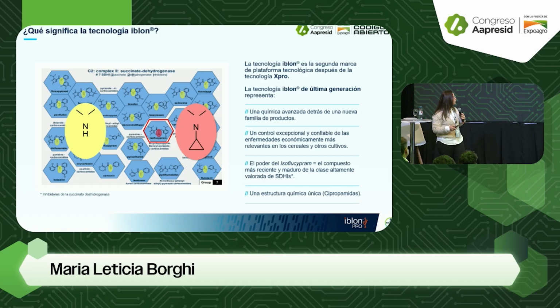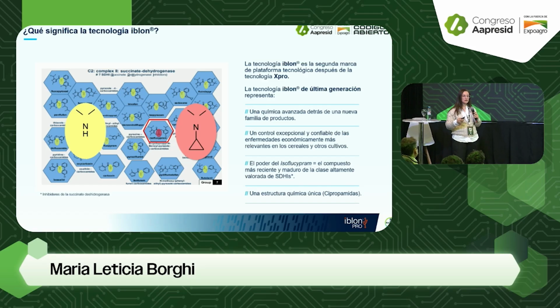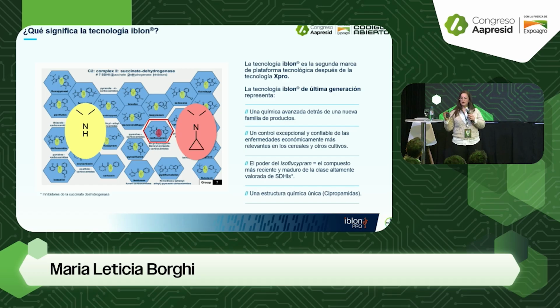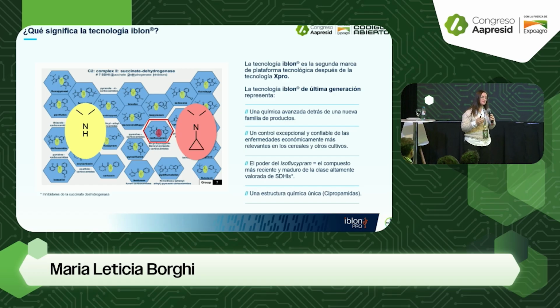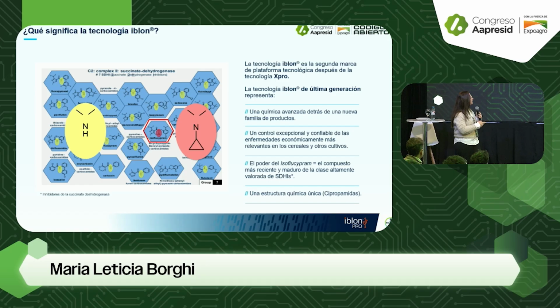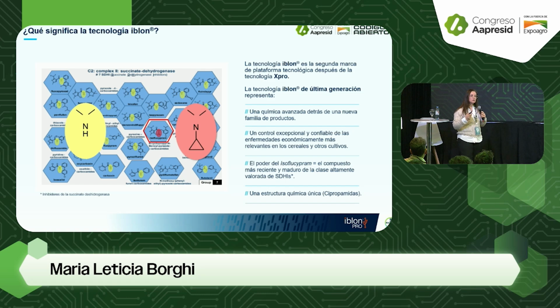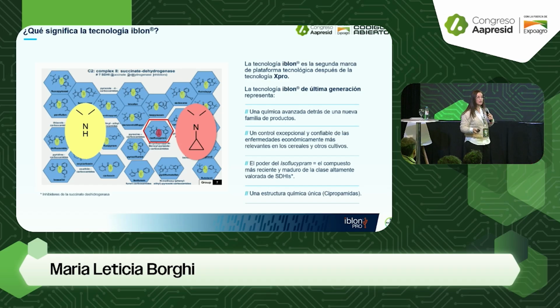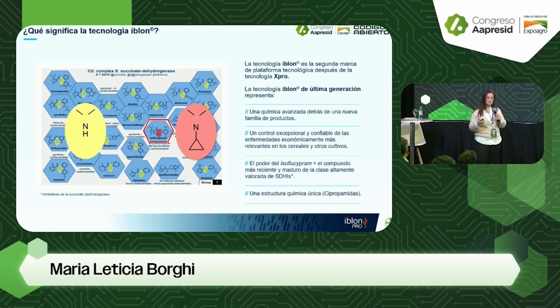That's basically because fungicides are today classified based on their mode of action. Iblon Pro in particular has one compound which is part of the carboxamides family, as you can see on screen. But there is a chemical characteristic to it which makes it different from other carboxamides available on the market today. This is what I will share with you now.